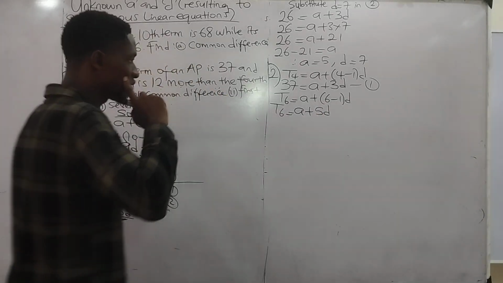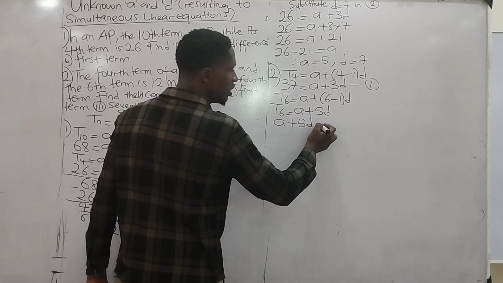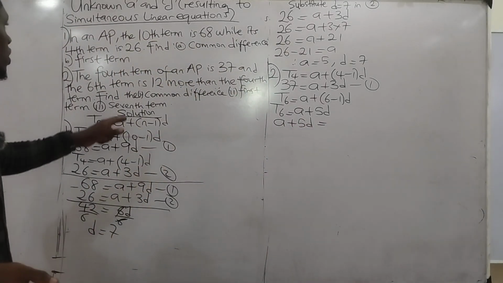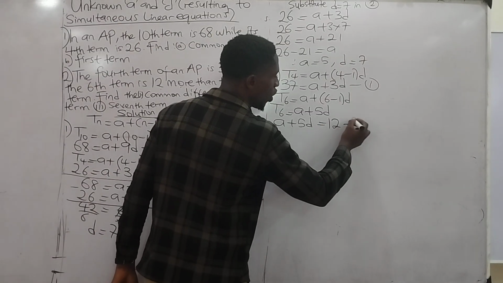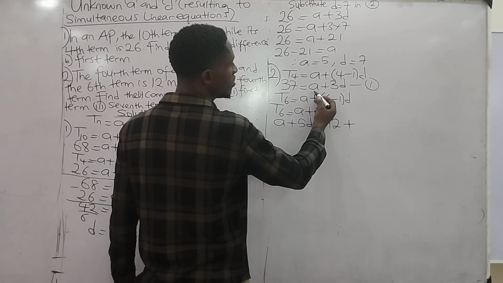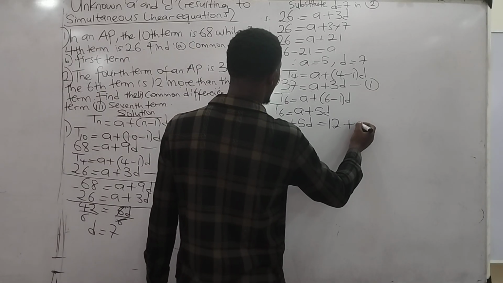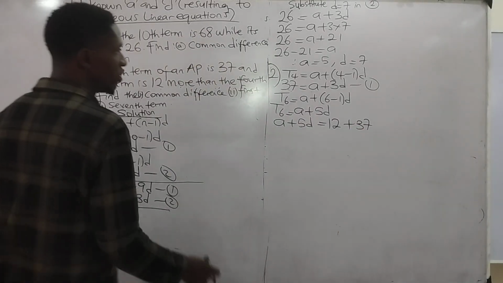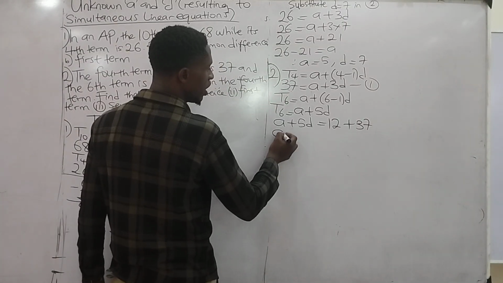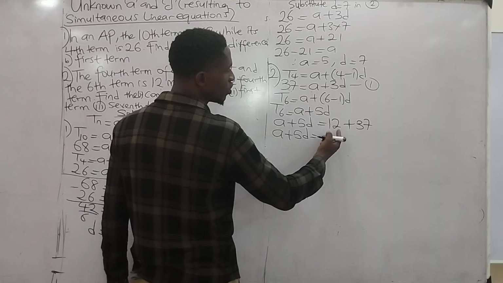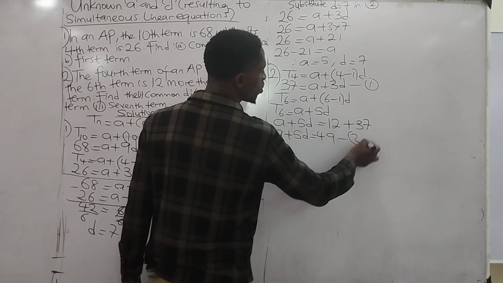But we are told that this is 12 more than the fourth term. That is 12 plus the fourth term, and the fourth term has been given as 37. So a plus 5d is equal to 12 plus 37, which is 49. This is equation 2.